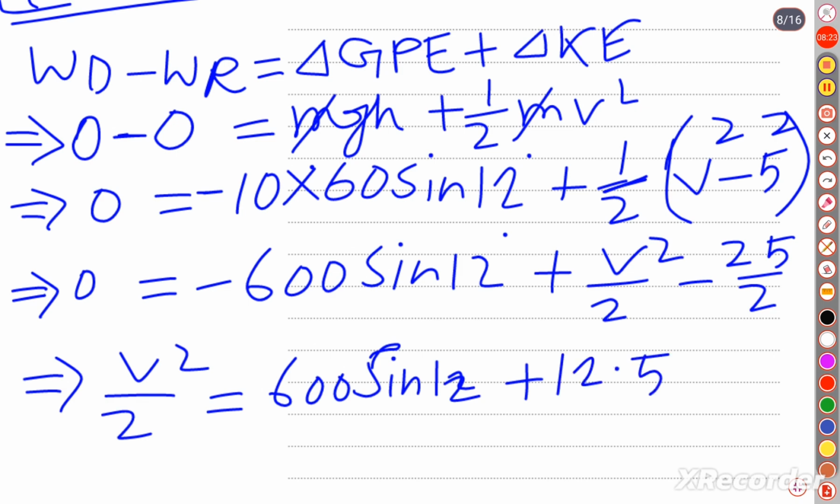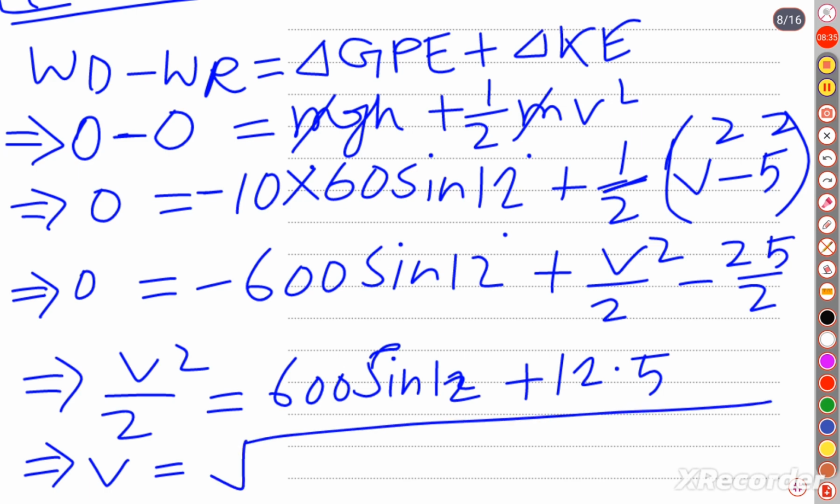Well, and if we transpose this 2 to the other side, v is equal to the square root of, if 2 multiplies this, 1200 sine 12 plus, if 2 multiplies 12.5, it is 25.